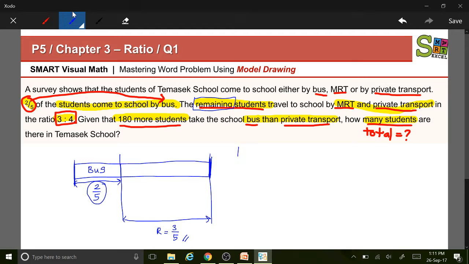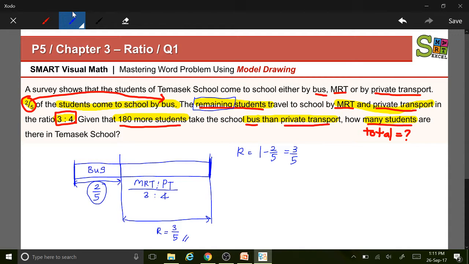So that's our first step. Remainder is 1 whole minus 2/5, and we will get 3/5. Then for the remaining, they took MRT to private transport, with the ratio that they mentioned, 3:4.